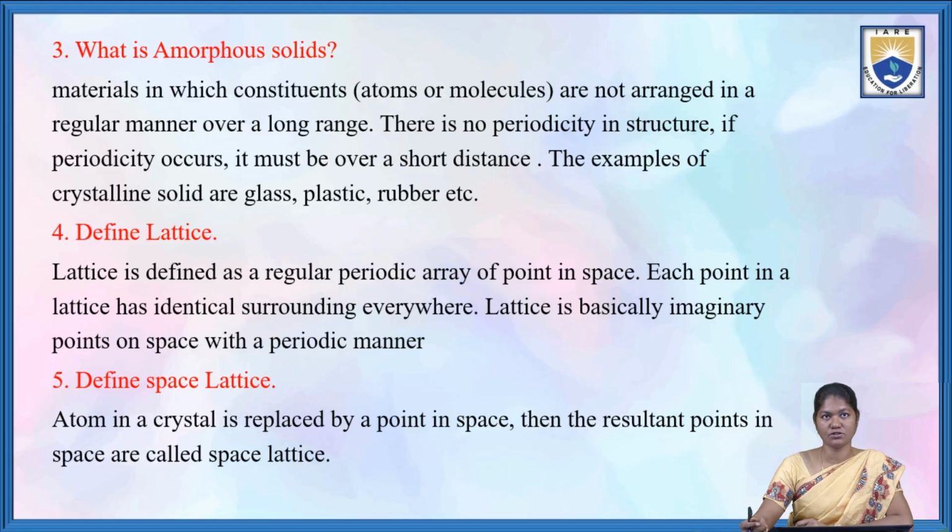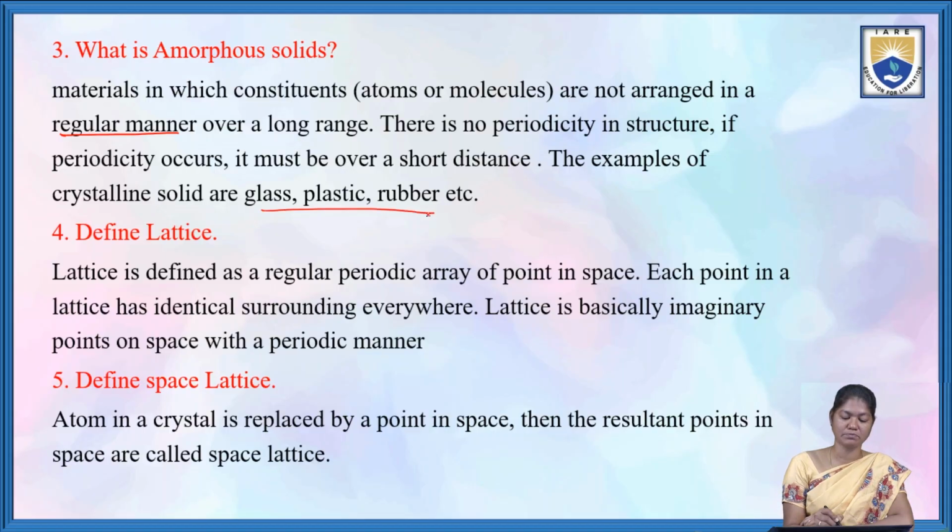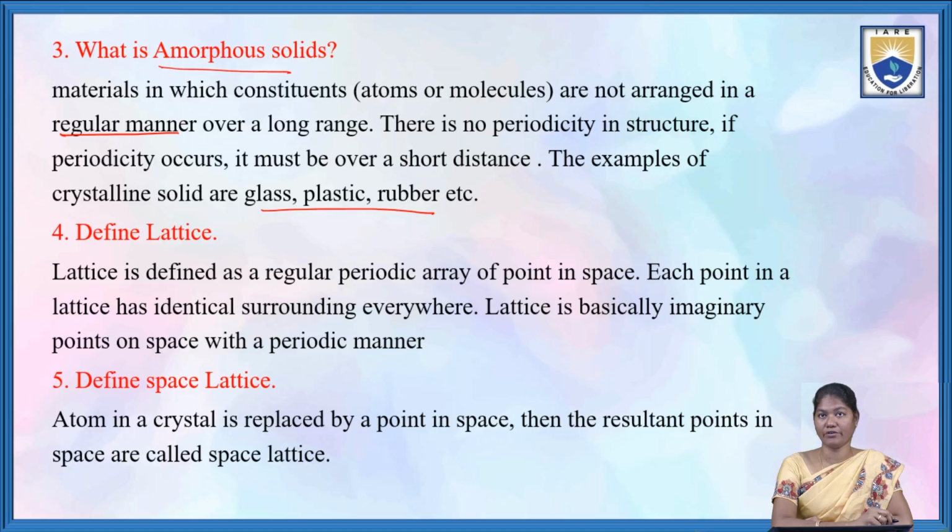What are amorphous solids? Materials in which the constituents, that is atoms or molecules, are not arranged in a regular manner over a long range. So, there is no periodicity in the structure. If periodicity occurs, it must be over a short distance. Amorphous solids are defined as those in which the atomic arrangement is irregular.